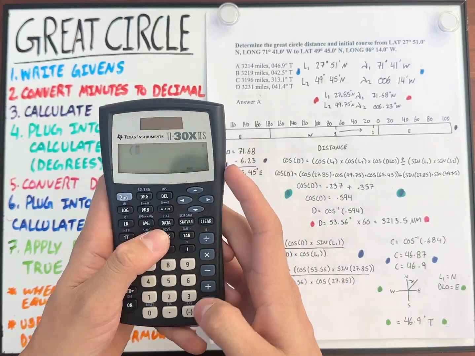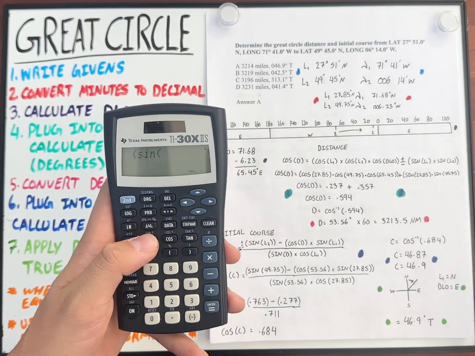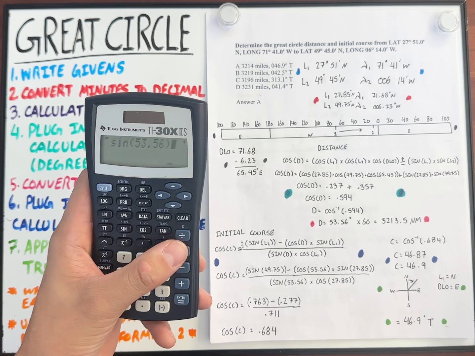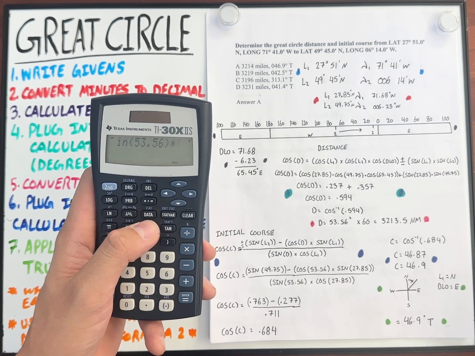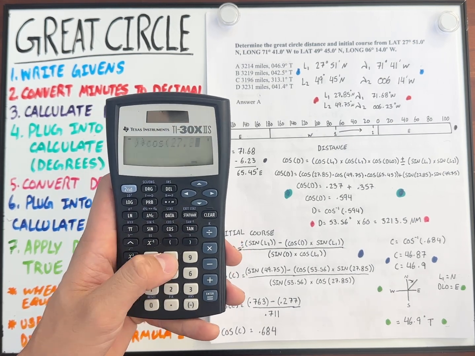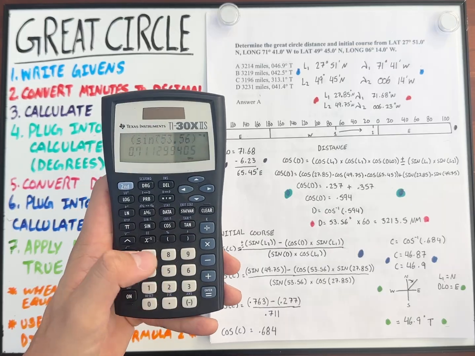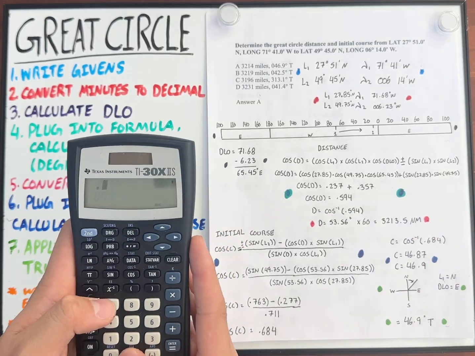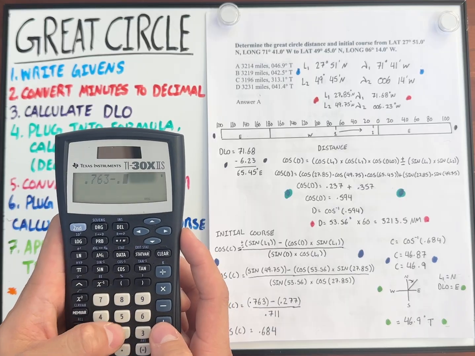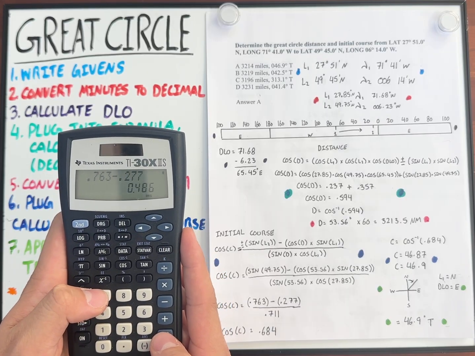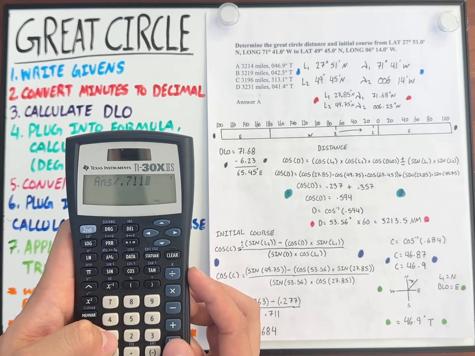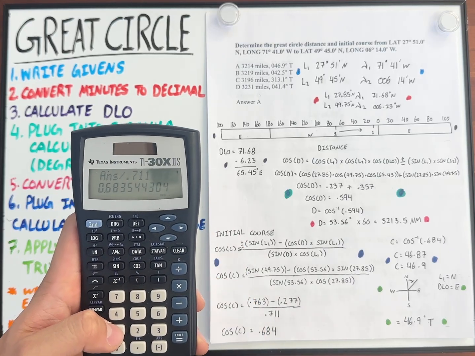Sine of our distance, 53.56, times our cosine of lat 1, 27.85. Close the parentheses, 0.711. Now it's a simple addition subtraction problem. 0.763 minus 0.277 gives you 0.486 divided by 0.711 gives you a decimal of 0.683.